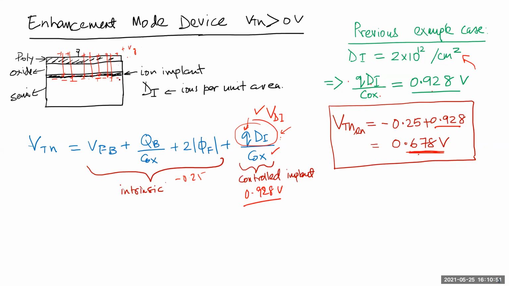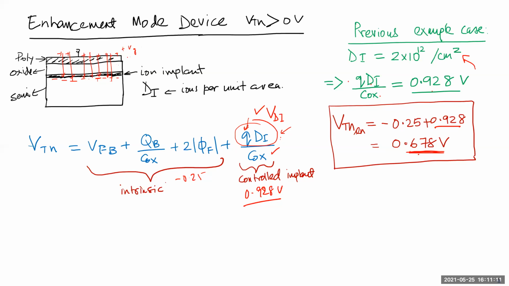And then depending on what you need to adjust the VT to, you do the ion implantation for that much. Okay, so let me stop here for a few minutes and maybe take some questions.